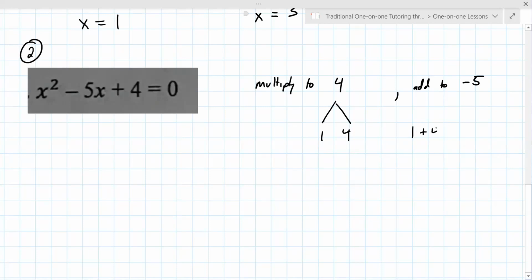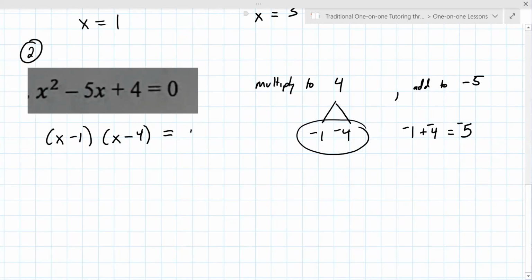What is 1 plus 4? 5. Very good. We want -5 though. So what if we make these both negative? What is -1 plus -4? It is -5. Perfect. So that's our answer here. It's x minus 1, x minus 4 equals 0.